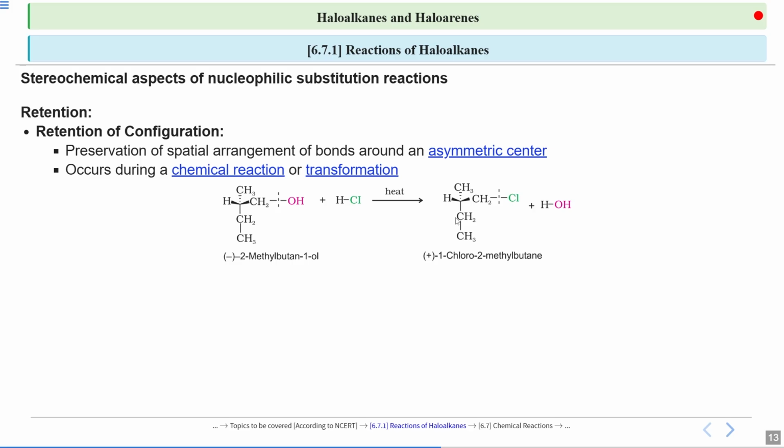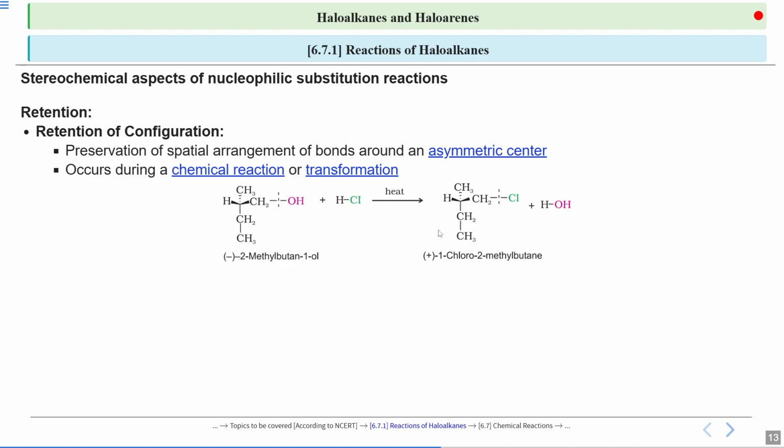Now if you understand this, we are calling this second carbon the asymmetric center. This is a stereo center or asymmetric center. Now the spatial arrangement of bonds around this asymmetric center is preserved. You can see in the reactant, this asymmetric center has one CH3, one hydrogen, one CH2 with hydroxyl, and then CH2, CH3.